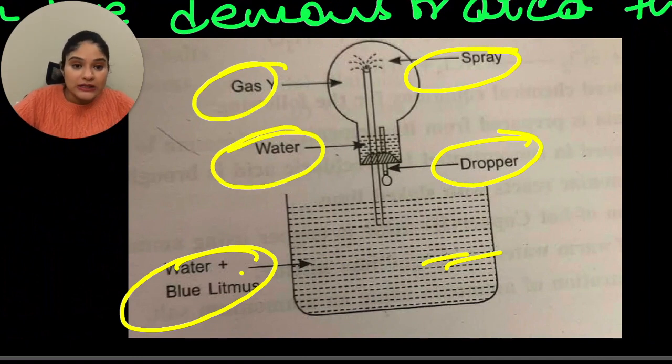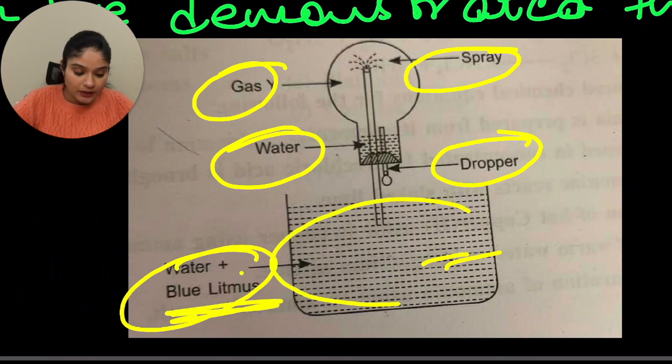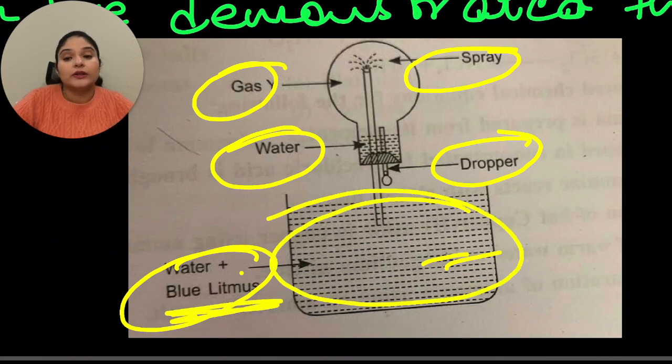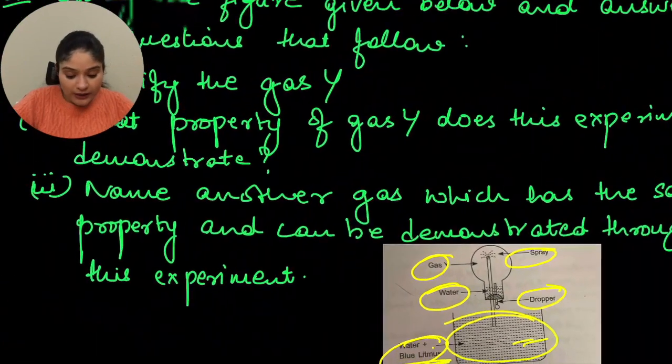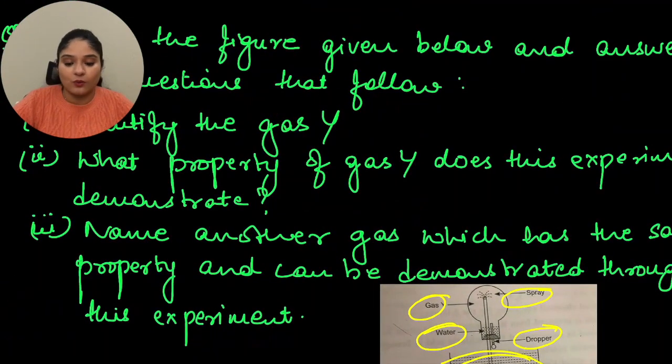Okay. The first thing you should understand here is that you have a blue litmus solution in this particular trough. So that means we are not talking about ammonia gas here. We are talking about hydrogen chloride gas. So the answer for the first question, identify the gas Y, will be hydrogen chloride gas. The next question says, what property of gas Y does this experiment demonstrate? It demonstrates high solubility or extreme solubility of hydrogen chloride in water.